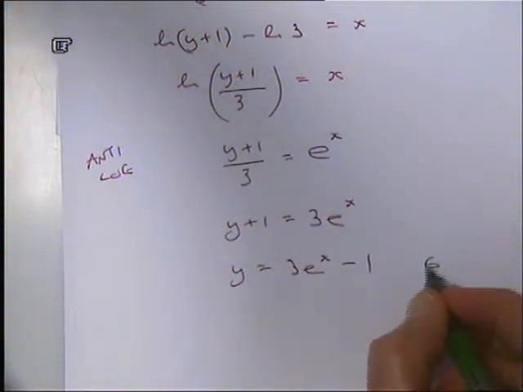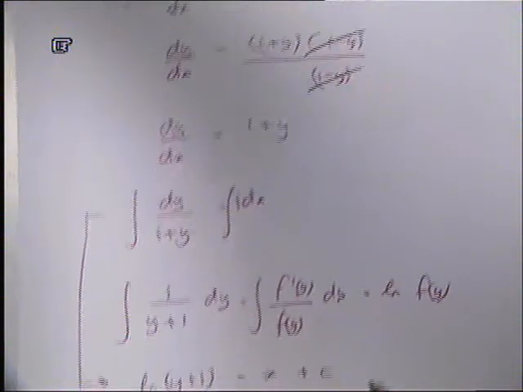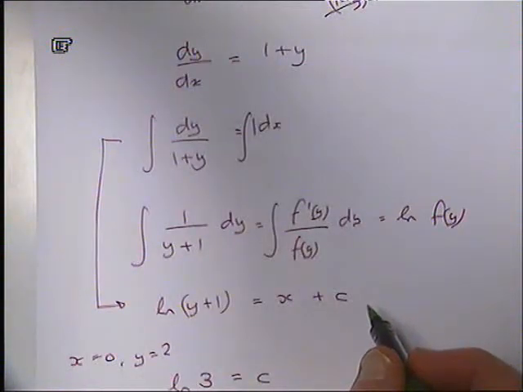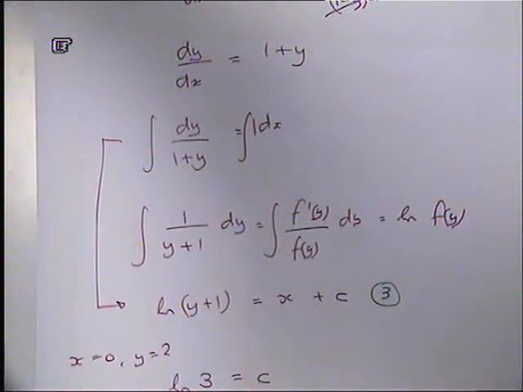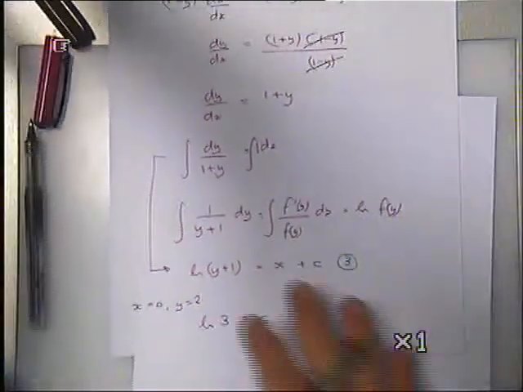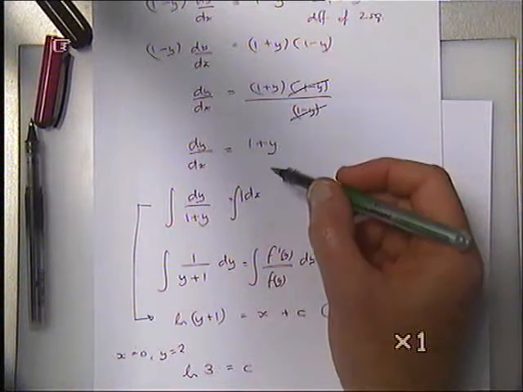So there were 6 marks for getting that far. So let's go down through here and see how the marks were allocated. If you got down to here, so if you'd managed to do that integration and get that line, that was worth 3 marks. So, first of all, I'm going to give a mark for separating the variables and integrating.